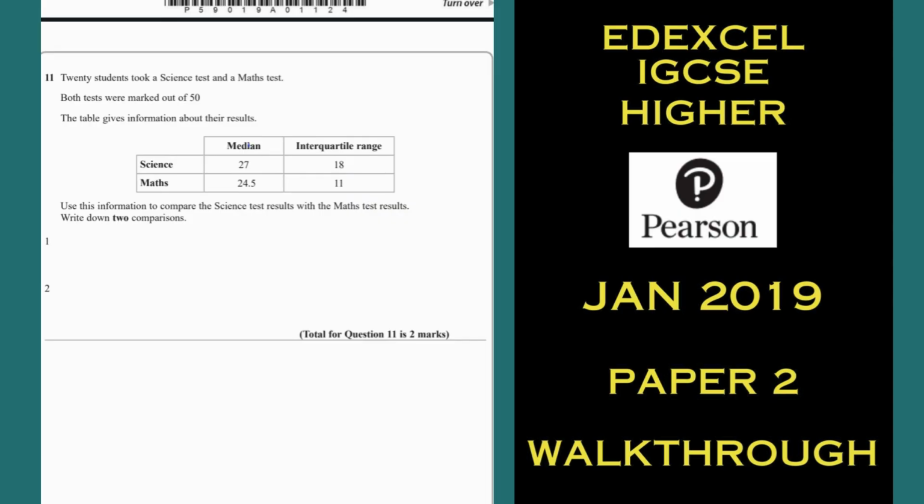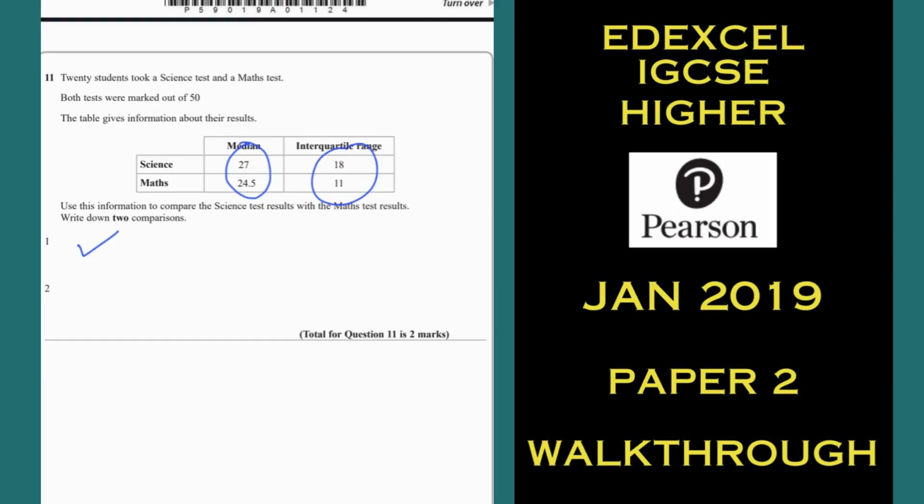So, job 1, compare the medians. So you need to simply say, on average, science results were better or science results were higher. That will get you the tick. And for comment 2, comment about the range.